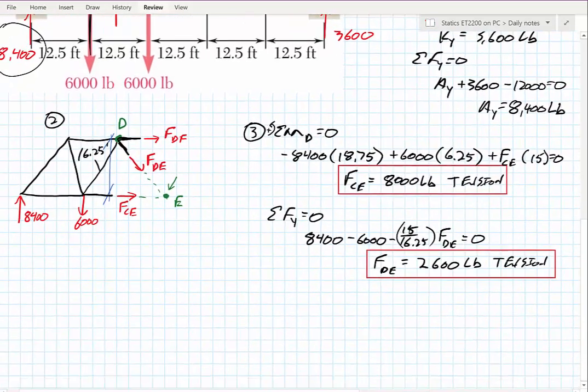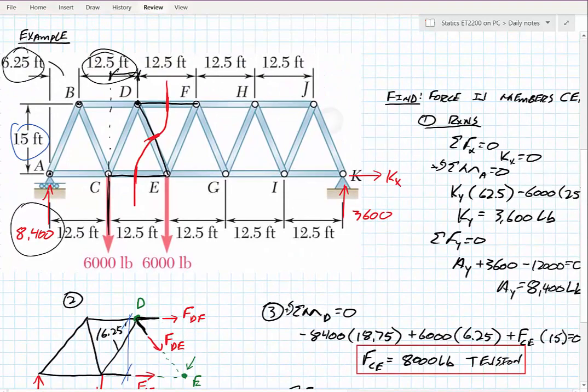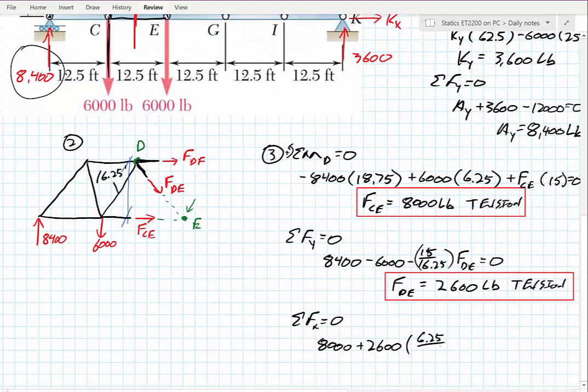So for my last member, now I can move into the sum of the forces in the X direction equals 0. 8,000 pounds, because I found CE to be 8,000 in the positive direction, plus I have this 2,600, and its X component. Now I'm saying, well, how far does it go in this direction? It's splitting it in half, so I have half of that x distance of 6.25 over the hypotenuse of 16.25, plus my last unknown FDF is equal to 0.